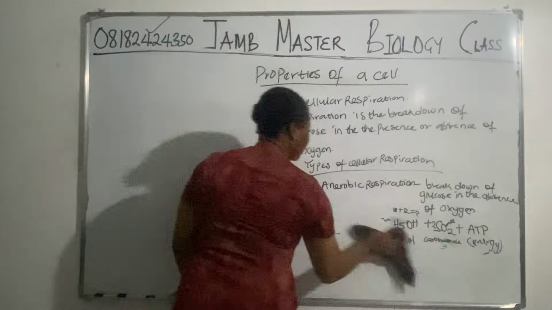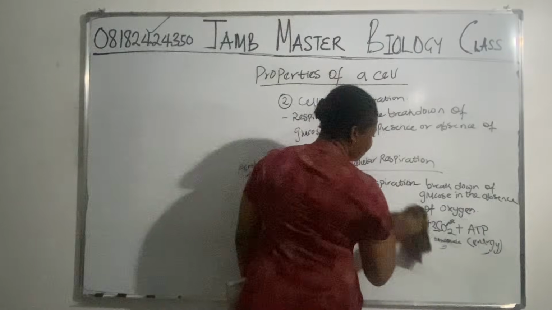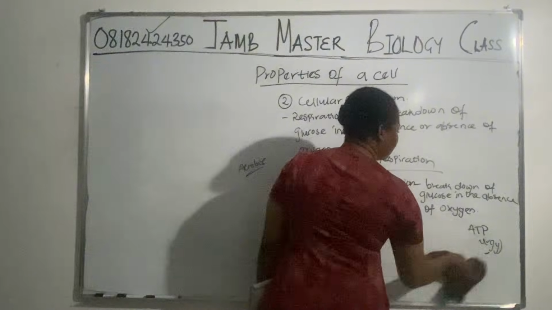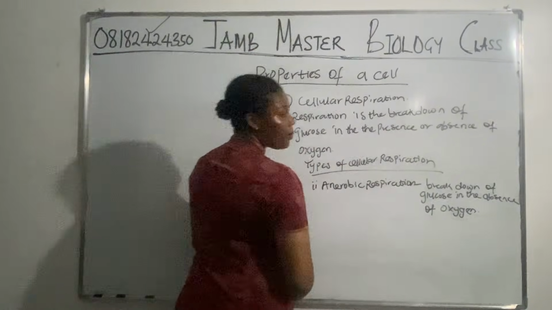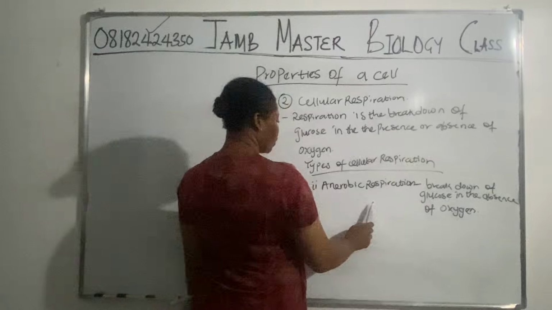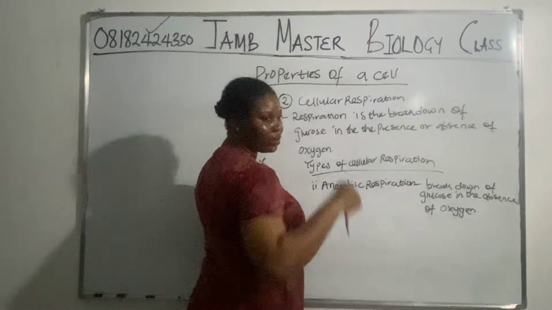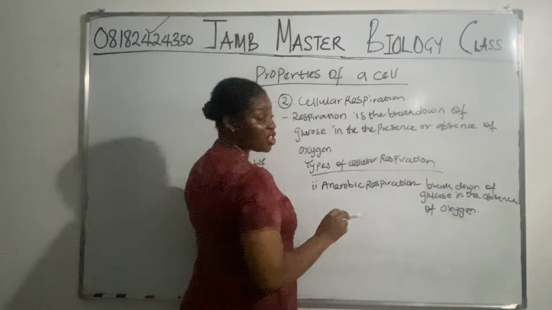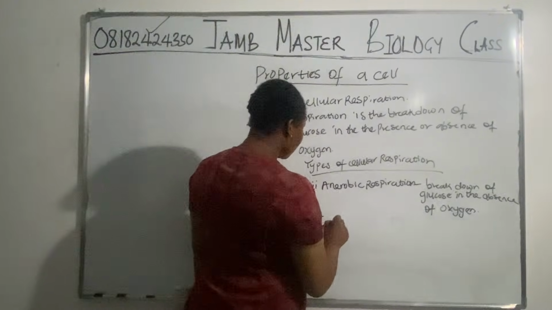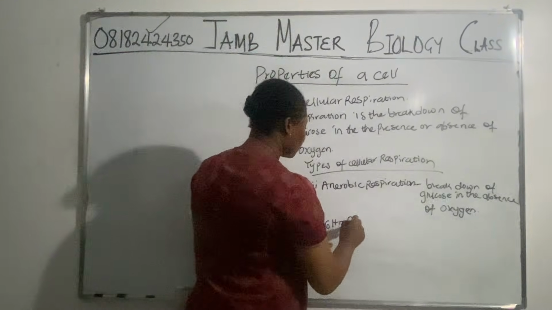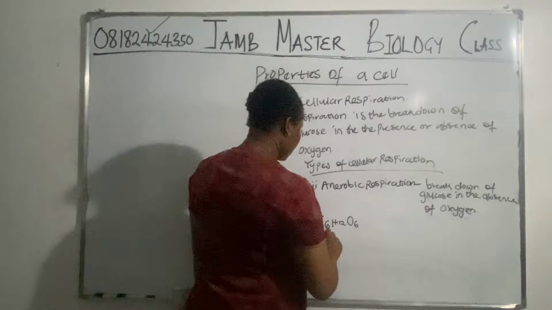Sorry. Let me explain from the beginning. I know that I've been making mistakes while trying to explain. So I remember that I said that in anaerobic respiration, glucose has to be broken down, but this time oxygen is absent. So we have C6H12O6. This is glucose.